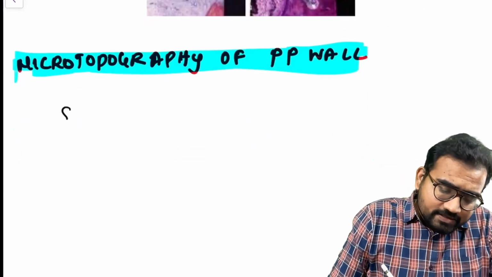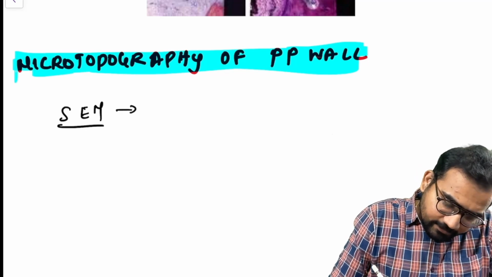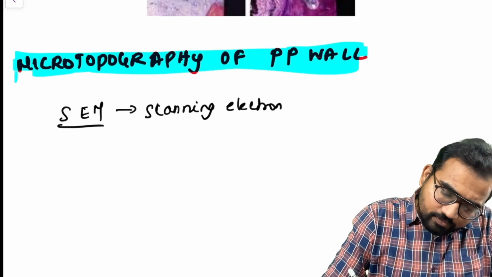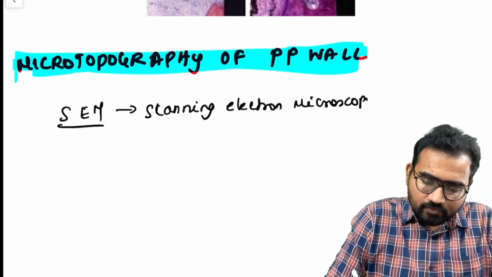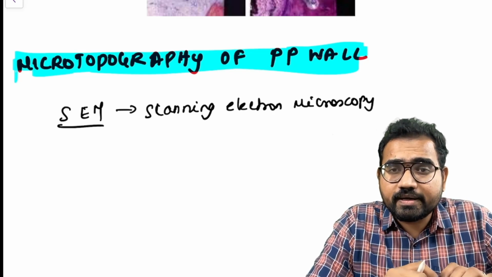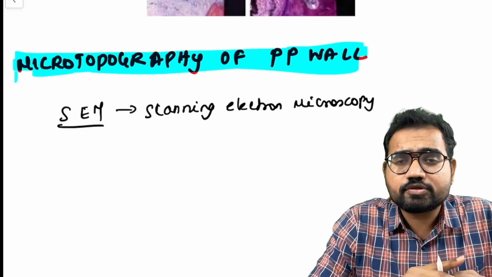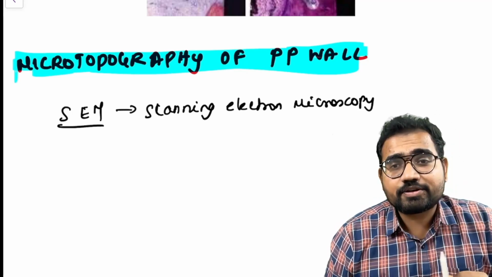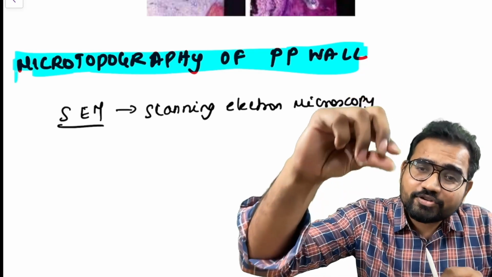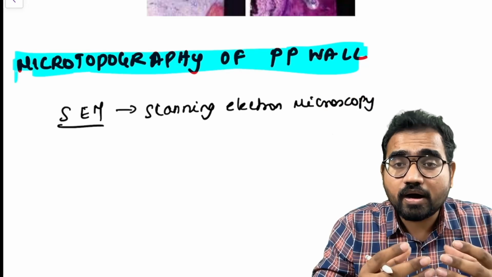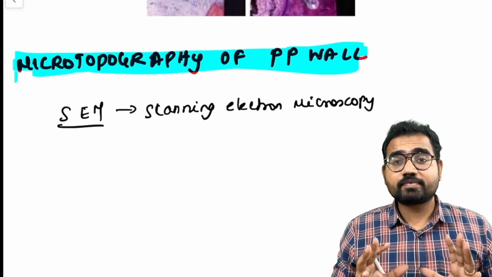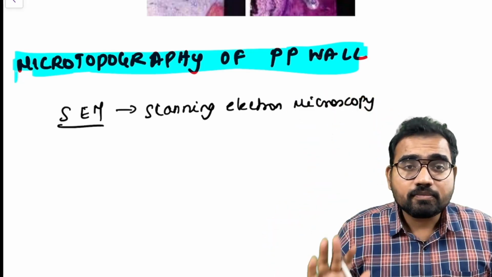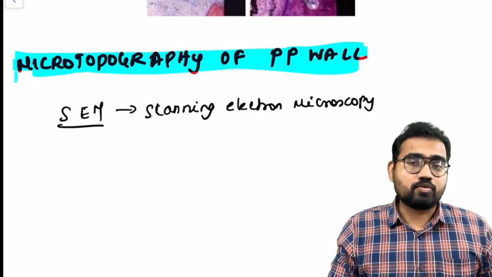Now if I take that soft tissue and introduce it into a scanning electron microscope, same study, if I take a piece of gingiva and introduce it into the scanning electron microscope, I will introduce an electron into the sulcus, and I'm going to study how the electrons pass and where all they pass, and with the help of that I'm going to see what is happening in the microtopography of the pocket wall, right?